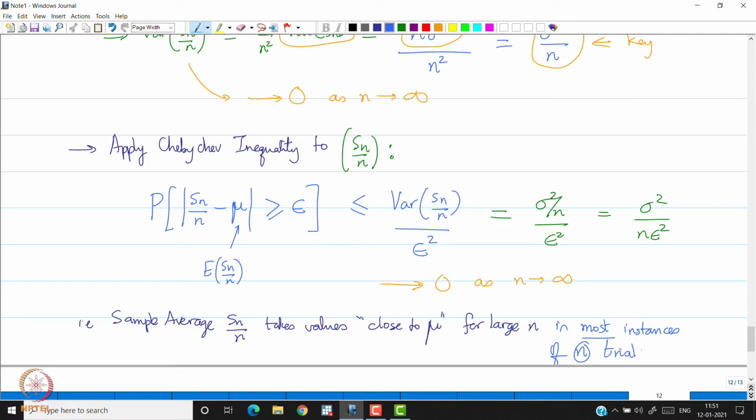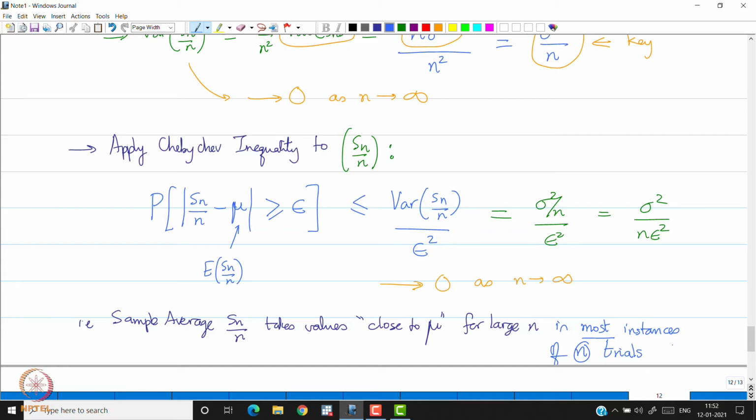So if you take n trials of the basic experiment which produces the xi, and you calculate the sample average, then by virtue of this probabilistic statement, you can of course pick epsilon to be fairly small.